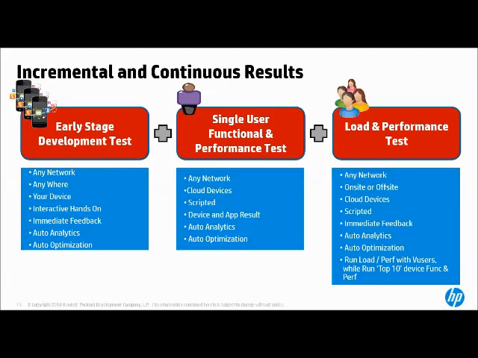So HP Network Virtualization has a standalone product which is targeted for mobile, and this capability will enable you to do exactly this piece. So here's how, as a best practice and a practitioner, you could then adopt and say, okay, I want to deliver this type of incremental and continuous results. Here's how you can do it.